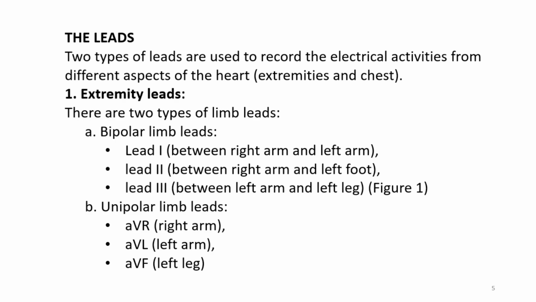So augmented voltage right means the exploring electrode is connected to the right arm. Augmented voltage left, now the left arm is connected, and augmented voltage foot, the exploring electrode is connected to the left leg.